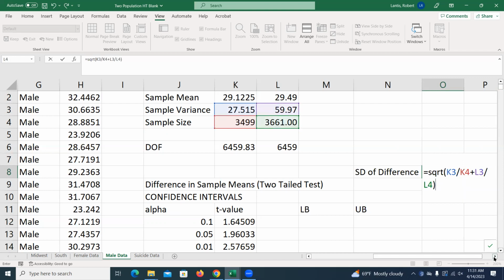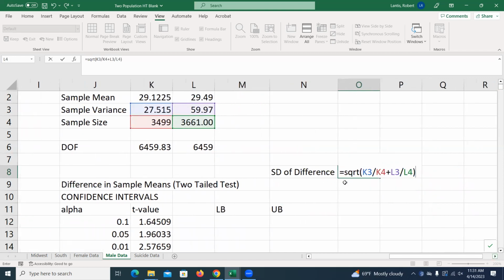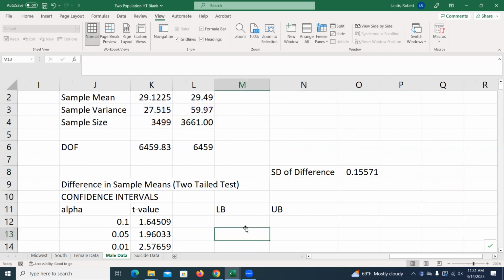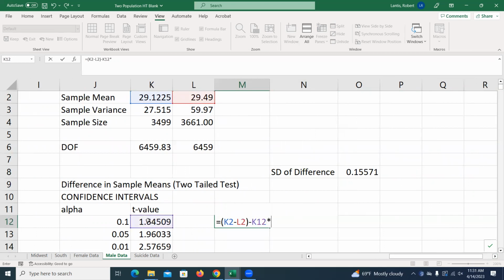So I'm just going to type that out over here so I can use one value when I go to calculate my upper and lower bound instead of typing all of this in, okay? So I'm going to go down here. I'm going to take my male sample mean minus my female sample mean, subtract the number of standard deviations away I want to go, multiply by whatever that standard deviation is.